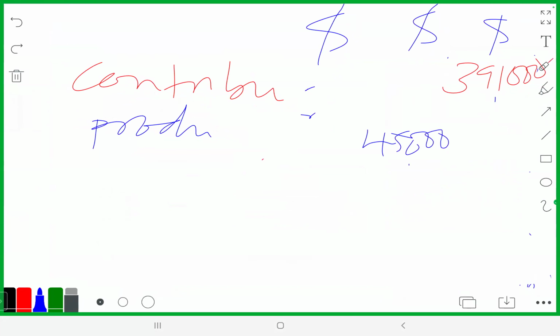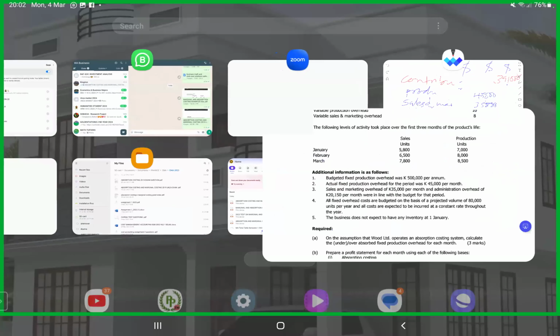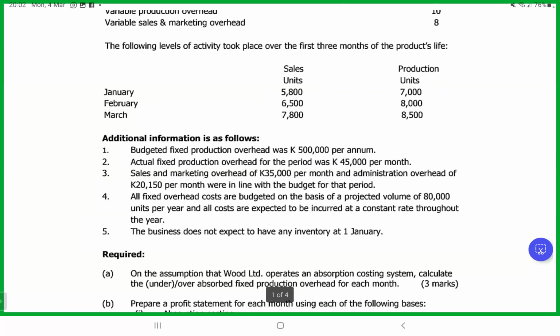Then you have the sales and marketing overhead, and the administration, which stood at 20,150 per month. Where are we getting these figures? In adjustment note number 3. They're given per month, fixed figures.